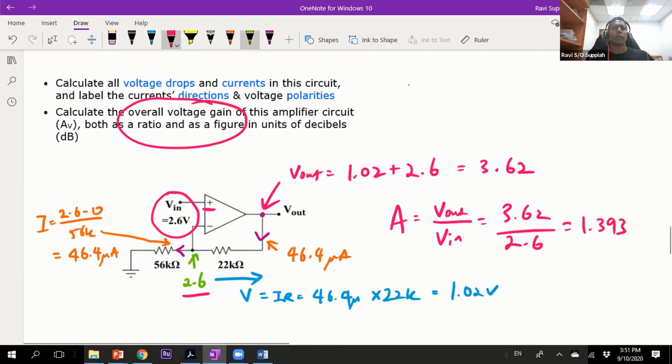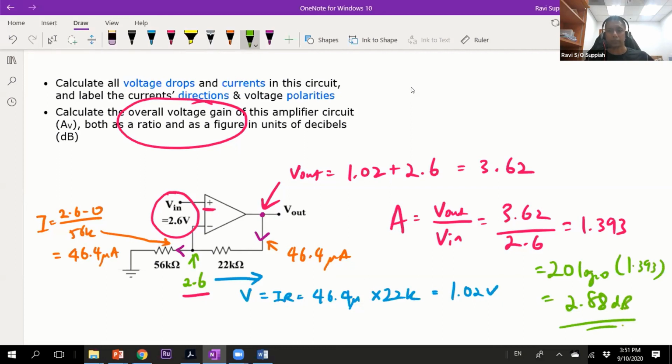When I want to convert it to decibels, I just say it is 20 log to the base 10 of 1.393, which is equal to 2.88 decibels. That is basically how you derive this expression here.